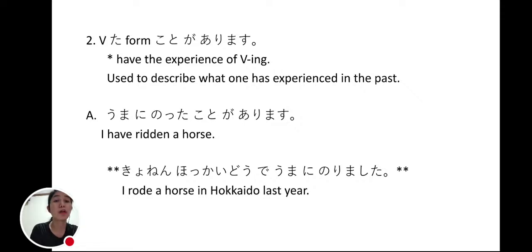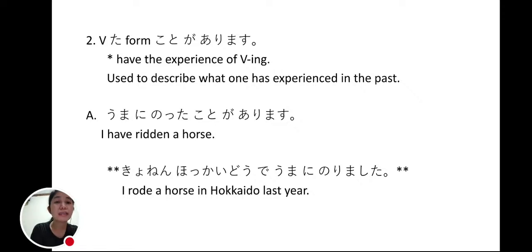You have experienced climbing up a mountain. So you can say, yama ni nobotta koto ga arimasu. In our vocabulary a while ago, yama ni noborimasu. So you can say, yama ni nobotta koto ga arimasu. I have climbed a mountain. Jaa minasan wa dou desu ka?